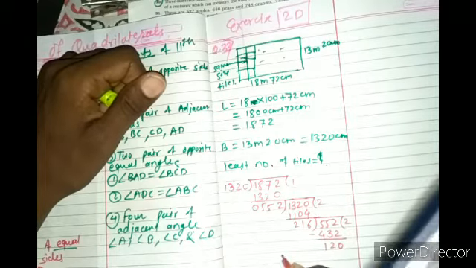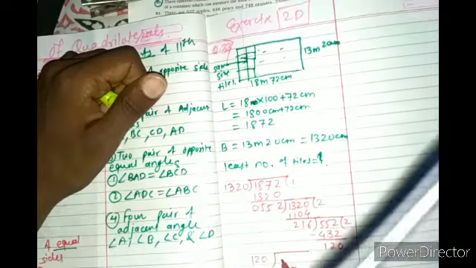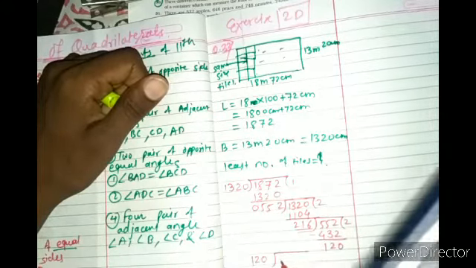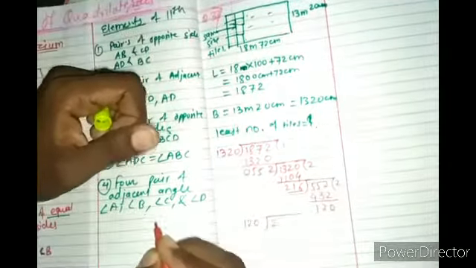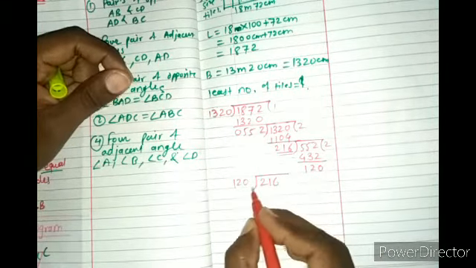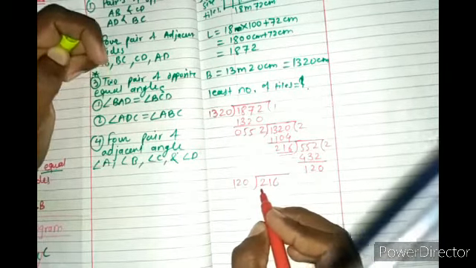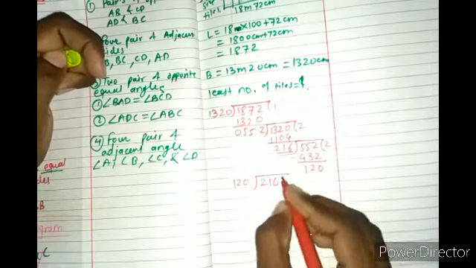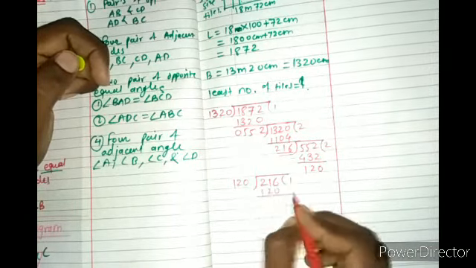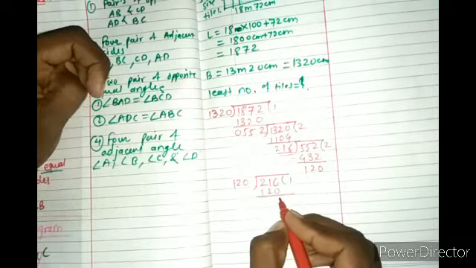Now this 120 I am taking here, and will divide 216. So 120 how many ones are? 120 ones are 120, remainder 96.